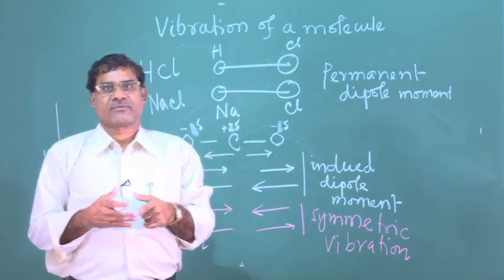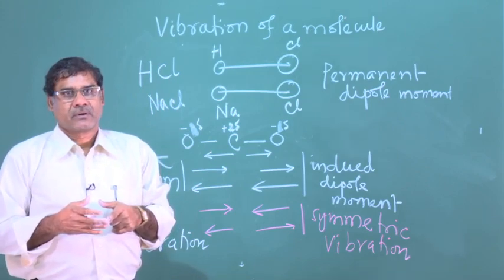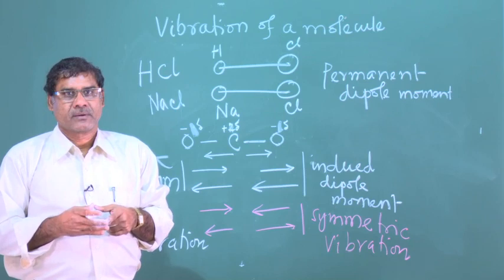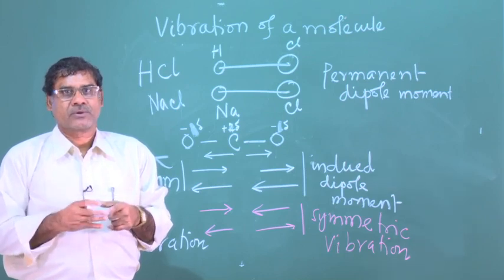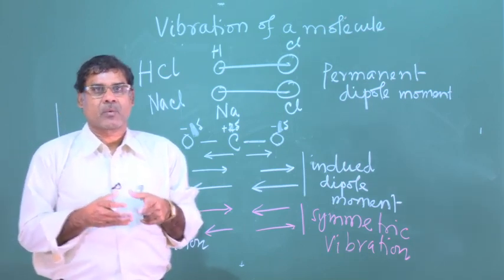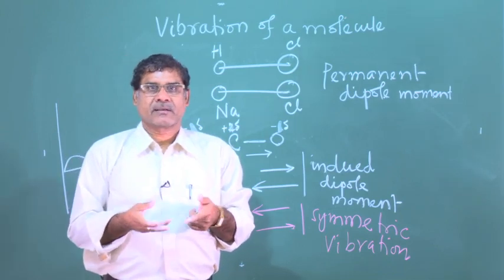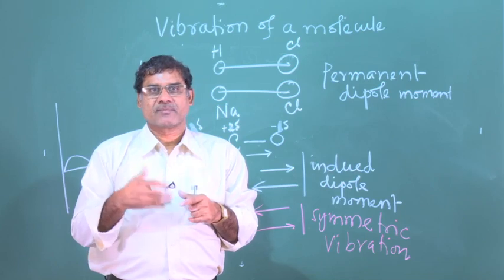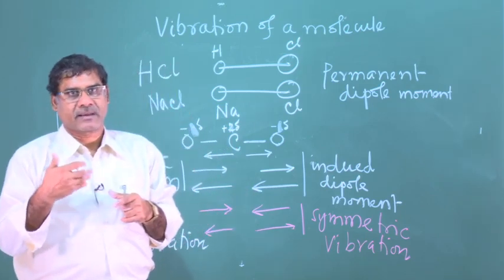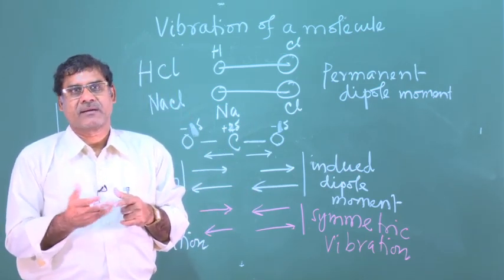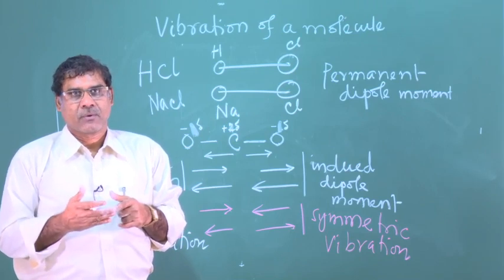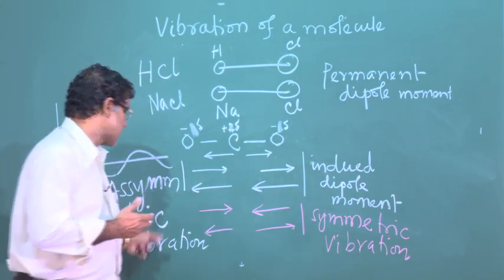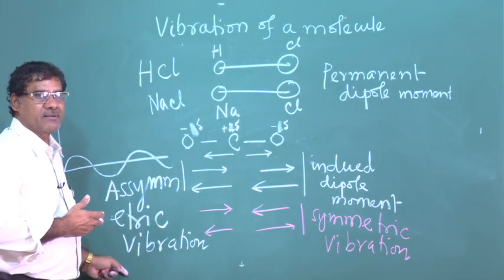In case of no permanent dipole moment, for those molecules which do not have a permanent dipole moment, sometimes they may also become infrared active when they have asymmetric vibration.